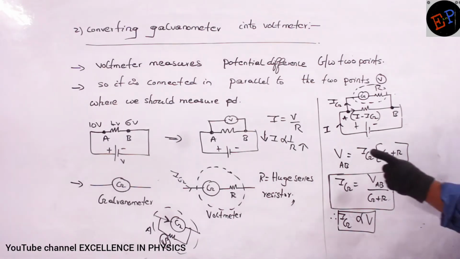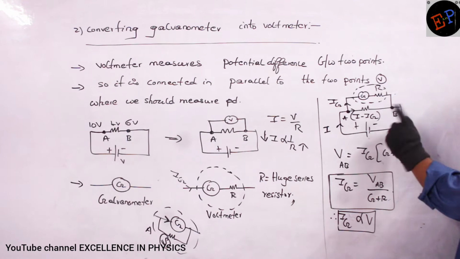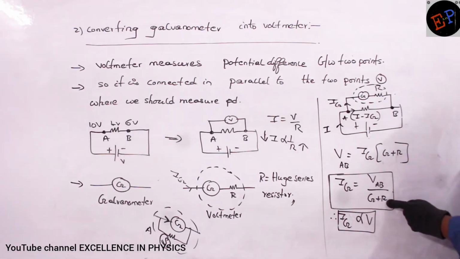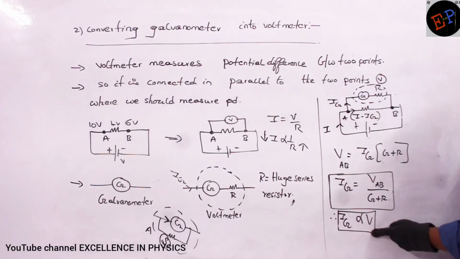This becomes the potential difference between points A and B. So I can also write Ig is equal to VAB by G plus R. So Ig is proportional to V. So what do you understand?